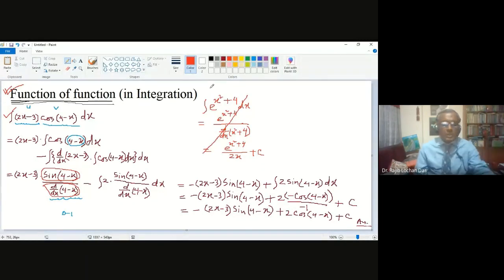It will not be correct. Let me just show it to you first, and then I will cut it off. So this is another example for which the same technique cannot be applied. If you even apply, the answer will be wrong. It will not be correct.